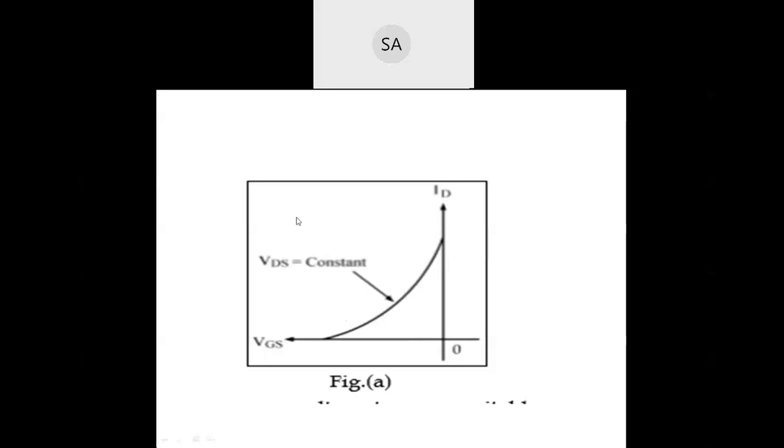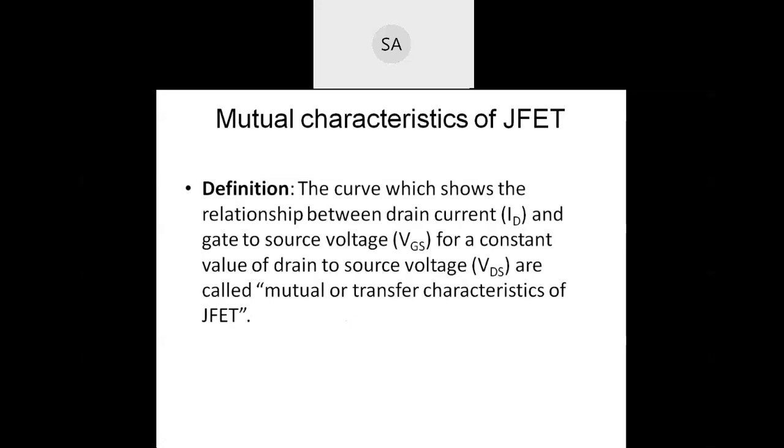Another way to explain the mutual characteristics of the JFET is by keeping ID constant and drawing the characteristic between VGS versus VDS. By keeping ID constant, for different values of VDS with respect to VGS, the mutual characteristics can be drawn in a similar way.